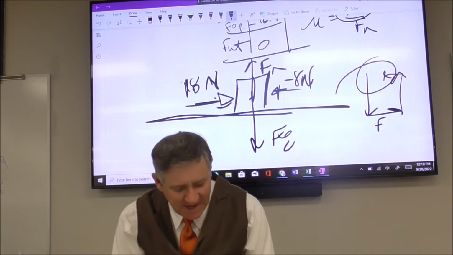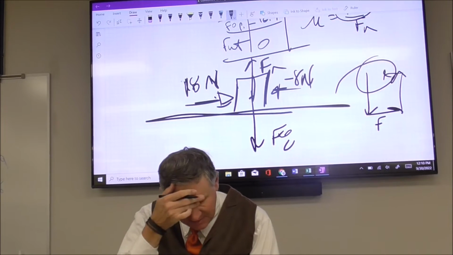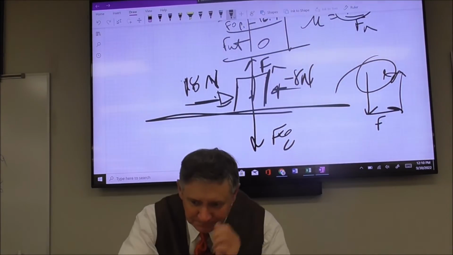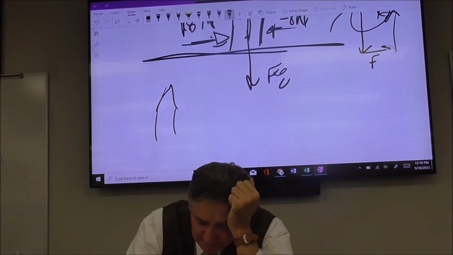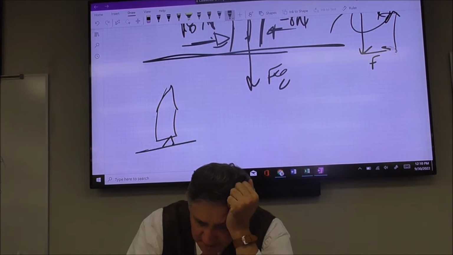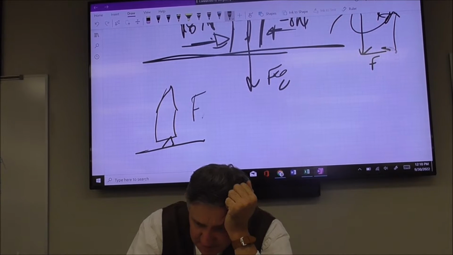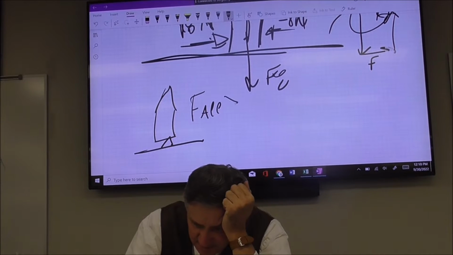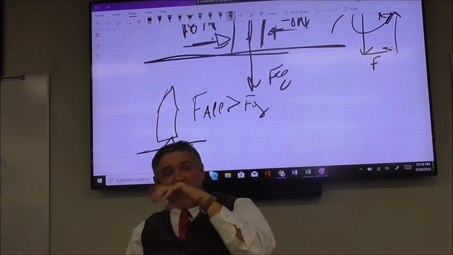All right. Now, here's the other, and this is the lab that you're going to start today. This is dealing with the rocket. Any rocket, if it's going to get off the ground, your force applied has to be greater than the weight of the rocket. So here's the analogy.